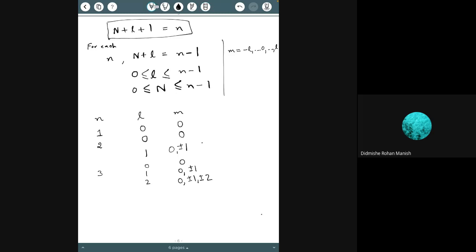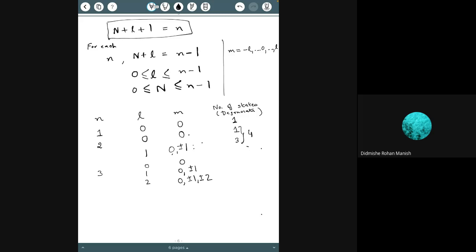So then the number of states, and they are degenerate because they have the same small n value. So for n equal to 1, you have 1. Then for n equal to 2, I have 1, 2, 3 and 4. So there's 1 from here and 3 from here. They're of the same energy, so that's 4.